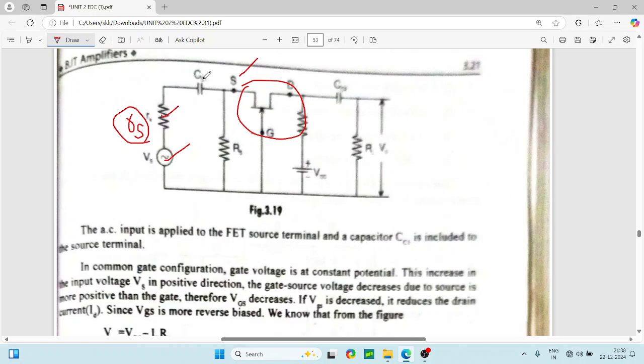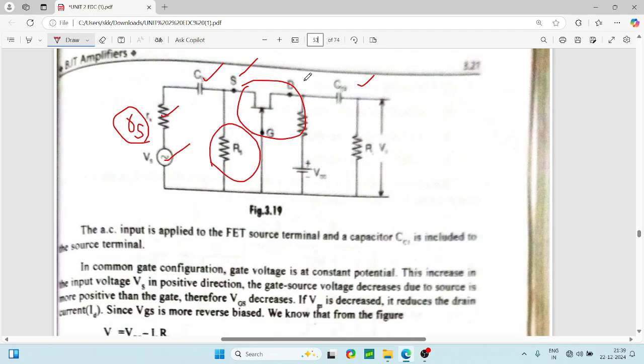Then what is this capacitor? These capacitors are called the input capacitor and the output capacitor. Then this resistor is rs, the source resistance.